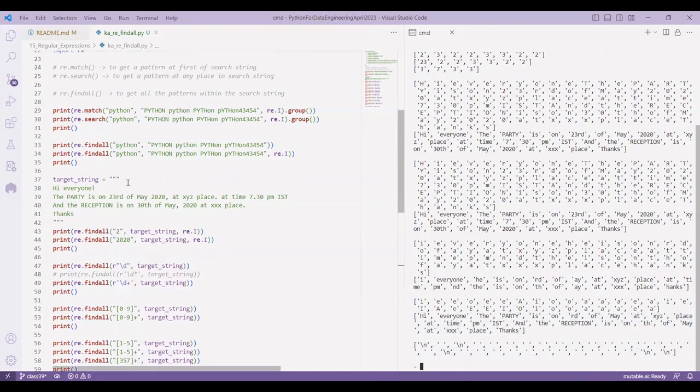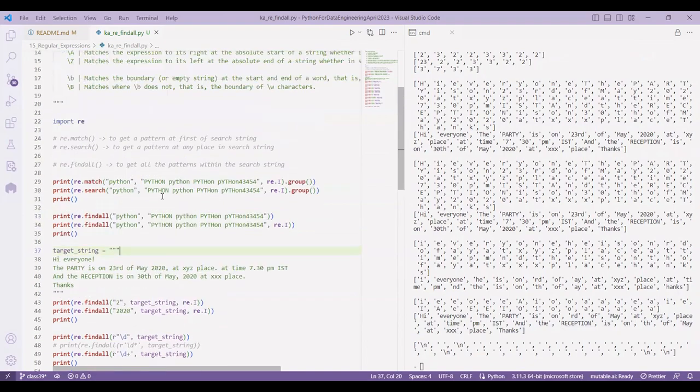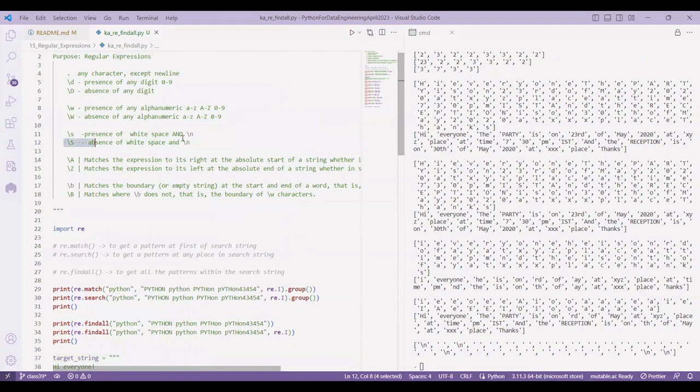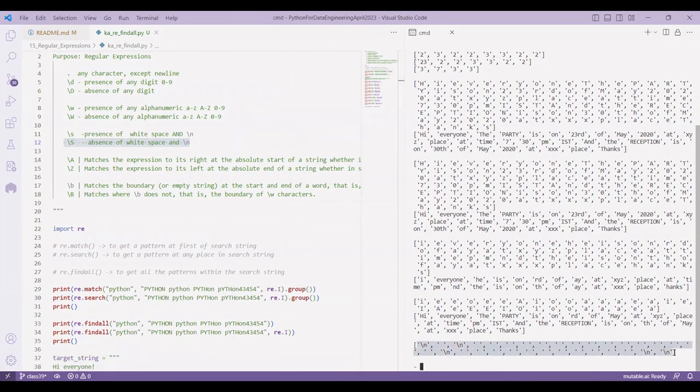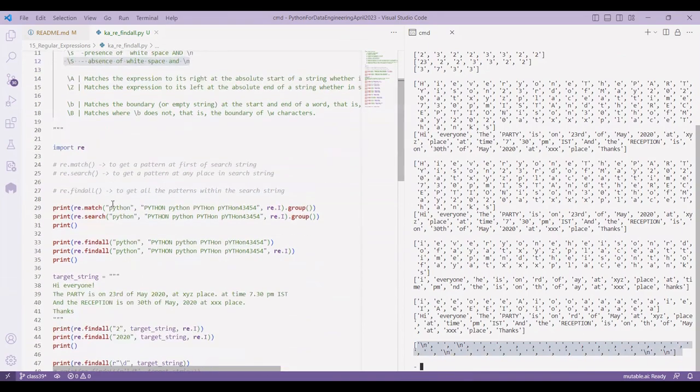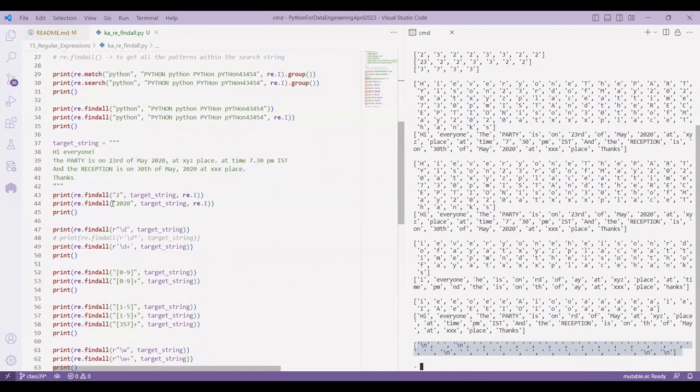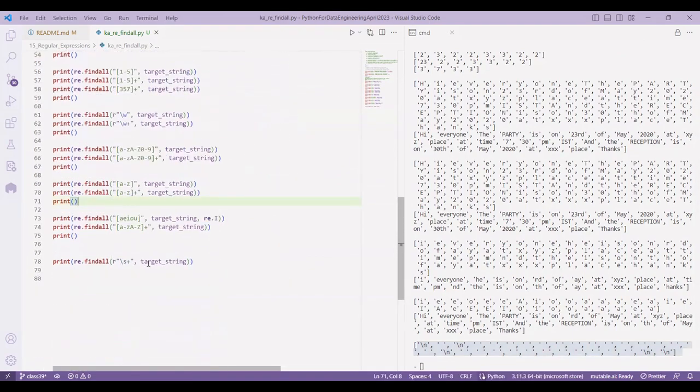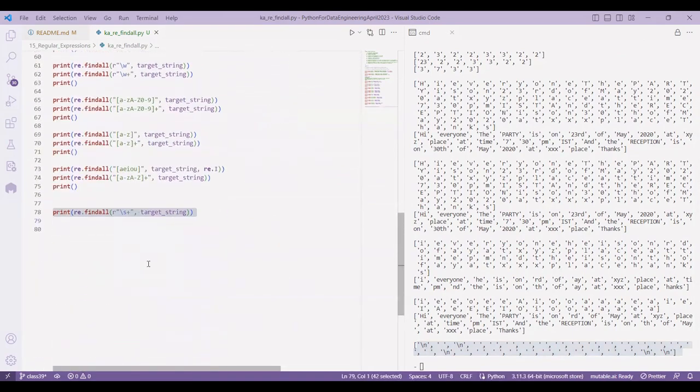Initially you went for a new line, which is a slash n, so it doesn't mean only the space. White spaces is a word for all of these: a space, slash n, slash r, a tab space. All of these are white spaces. So like this, you're getting all the white spaces.